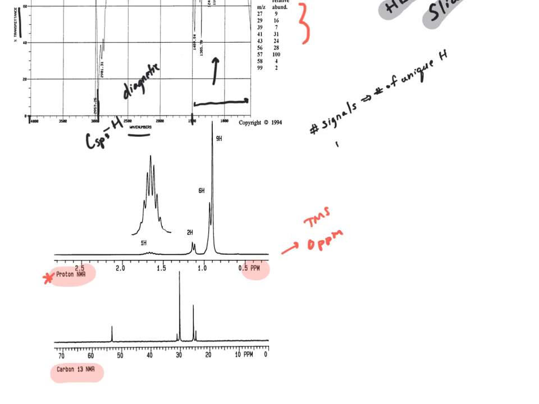The integration is really important. Integration, right? That's actually telling us for each signal how many protons are responsible for that signal, how many H give rise to that signal. And then really the most important thing is the splitting pattern.